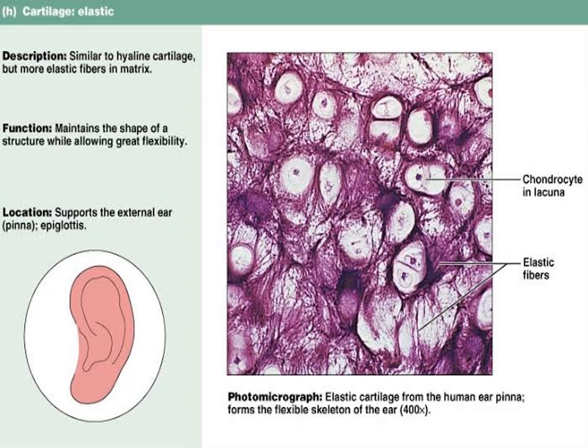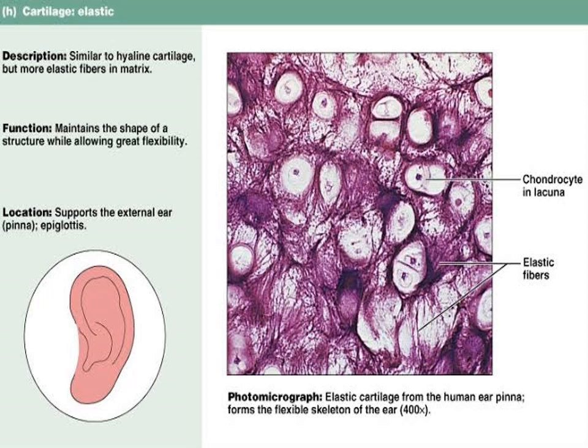Cartilage, elastic. So this picture is very important. The photo is microscopic: the elastic cartilage from the human ear pinna. The description: similar to hyaline cartilage but with more elastic fibers in the matrix.